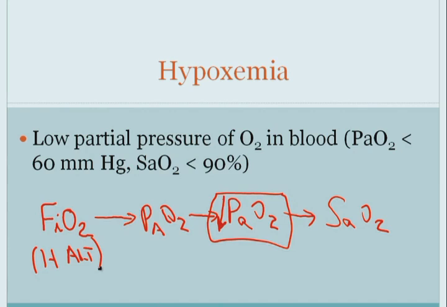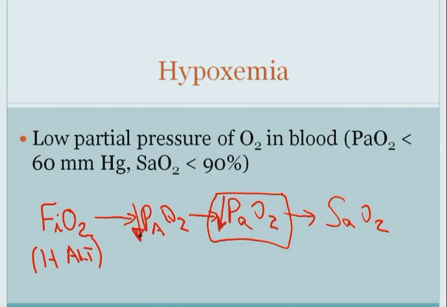The overall atmospheric pressure is decreased, and therefore the oxygen pressure is decreased at high altitude. So at high altitude, the FiO2 would go down, which would decrease the PAO2, which would decrease the PaO2, which would then result in a state called hypoxemia. So that's one example. Another example would be to decrease the PAO2.